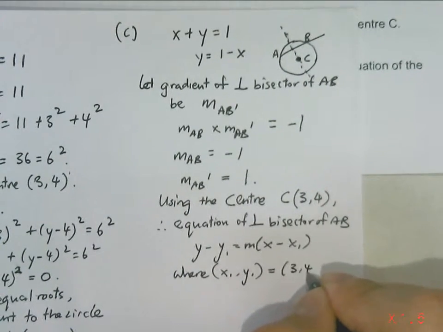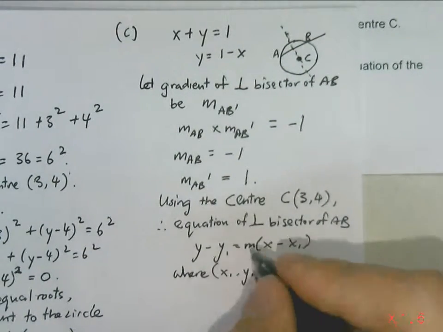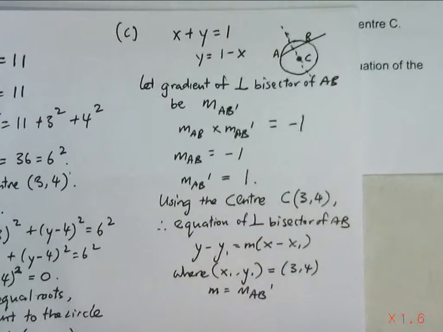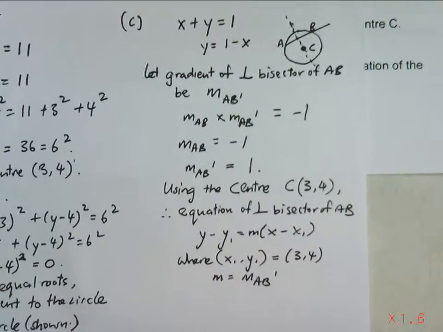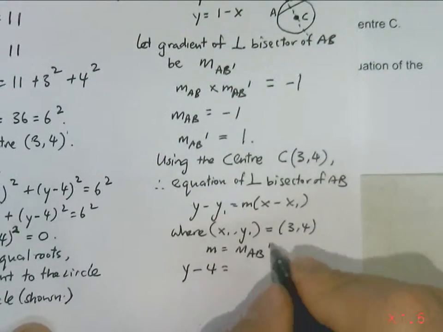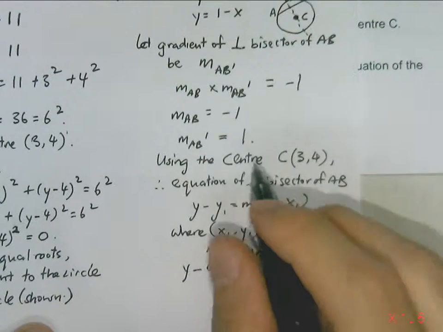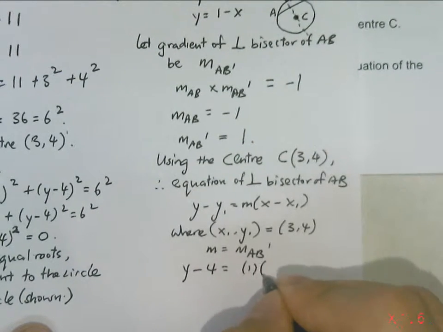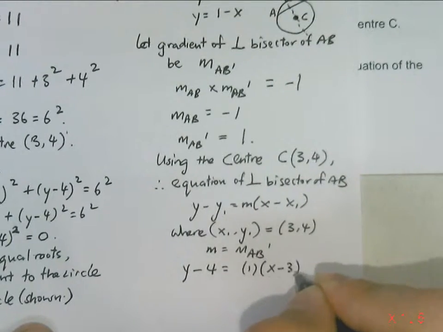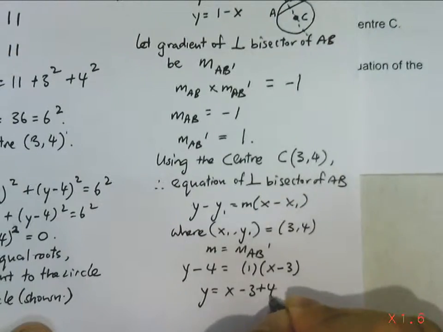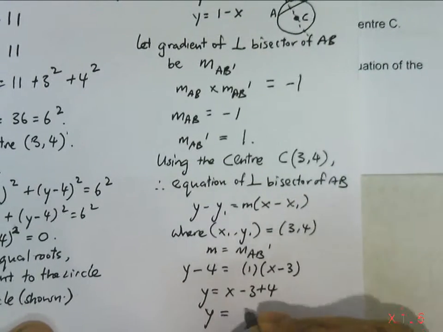So 3, 4. Substituting m as the perpendicular bisector's gradient: y minus 4 equals 1 times x minus 3. And there we have the equation.